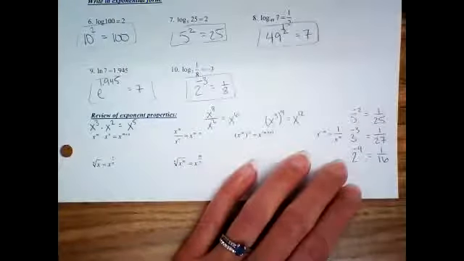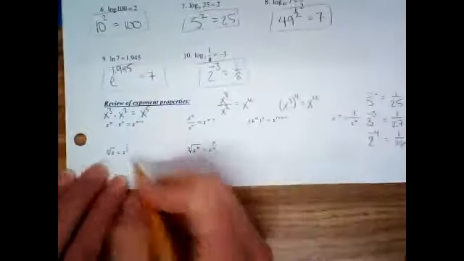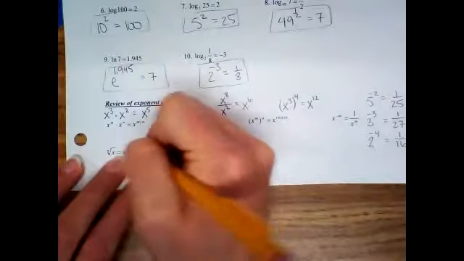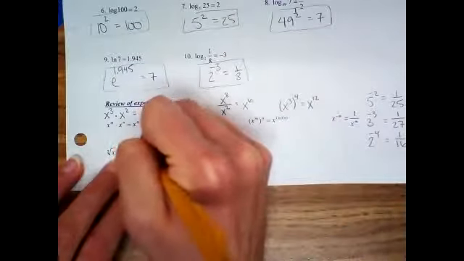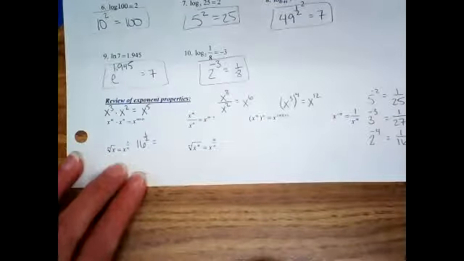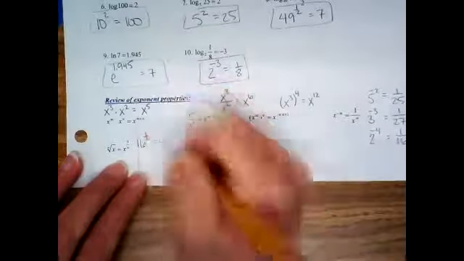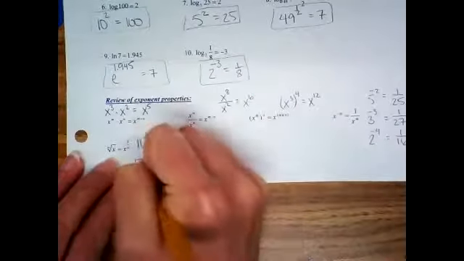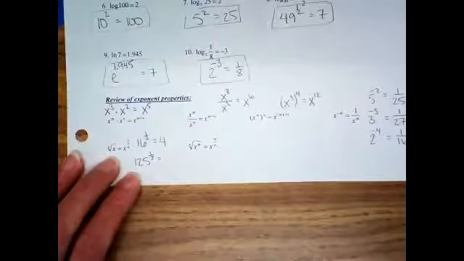Good. 2 to the 4th is 16, you flip it over. Okay. All right, and then the fraction exponents. To the 1/2 would be a square root. To the 1/3 would be a cube root. So say you had 16 to the 1/2. What's that going to give you? That'd be 4. Good. How about 125 to the 1/3? 5.